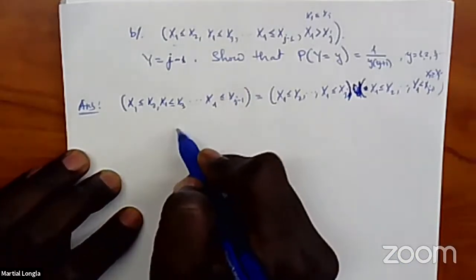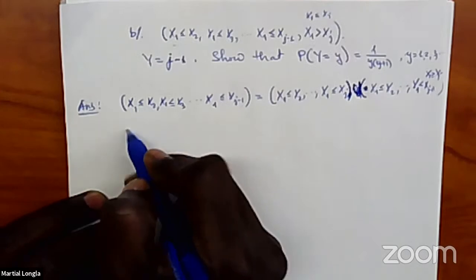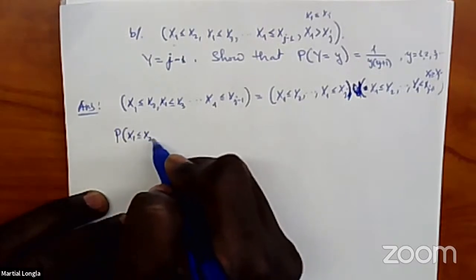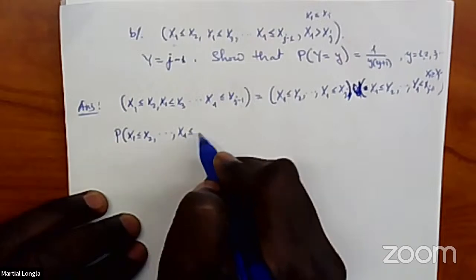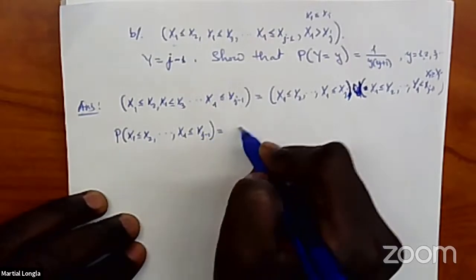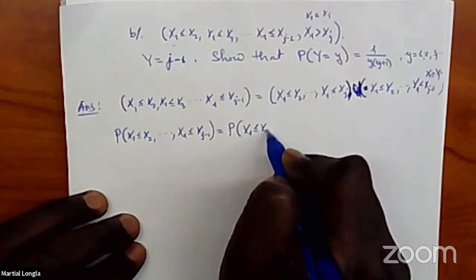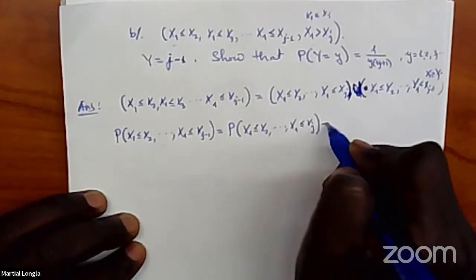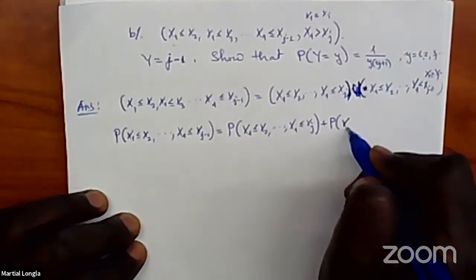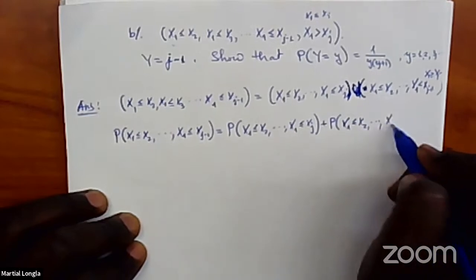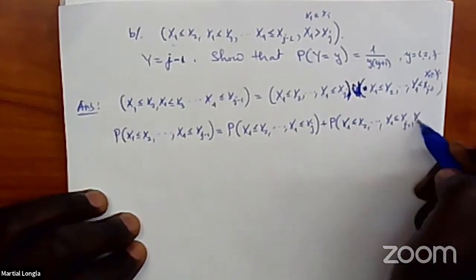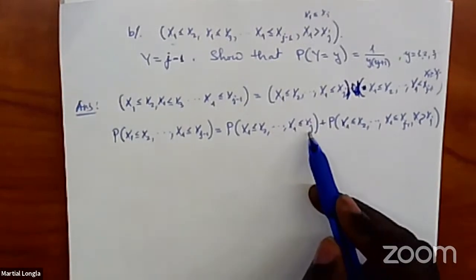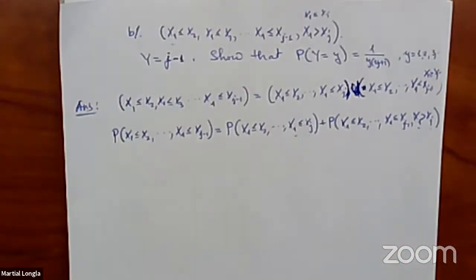The probability that x1 is less than or equal to x2, up to x1 less than or equal to xj minus 1, is therefore equal to the probability that x1 less than or equal to x2, x1 less than or equal to xj, plus the probability that x1 less than or equal to x2, x1 less than or equal to xj minus 1, x1 larger than xj, because x1 is either less than xj or larger than xj.